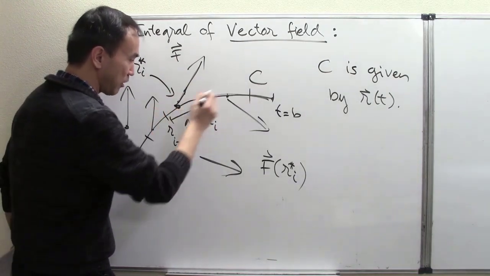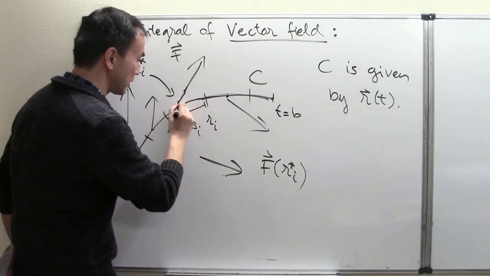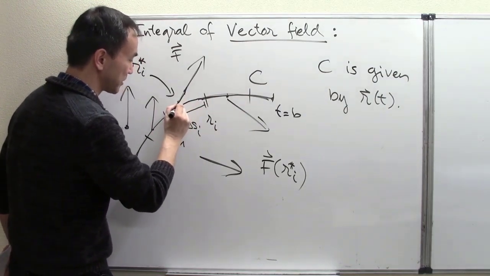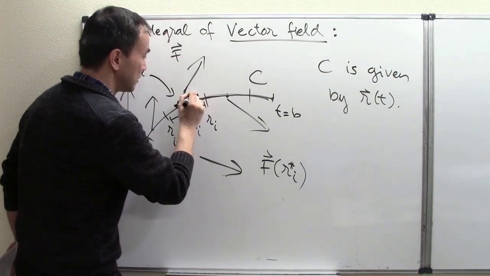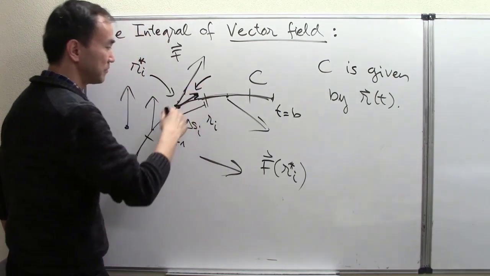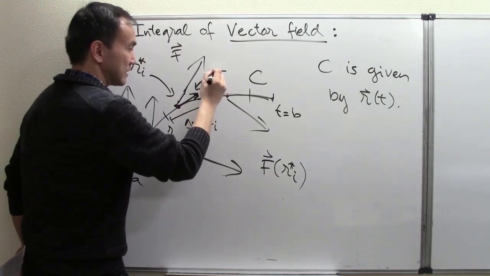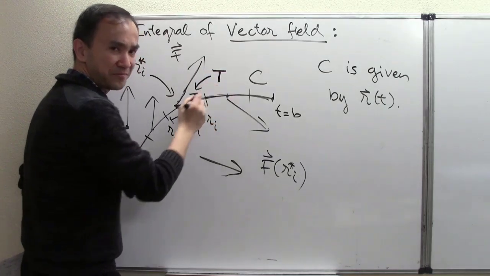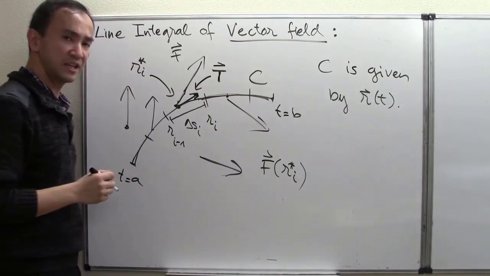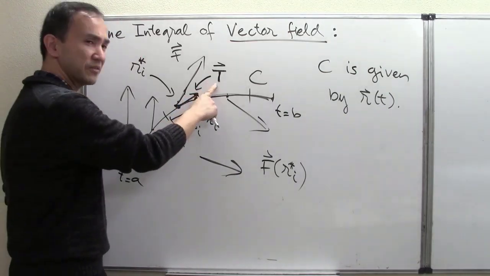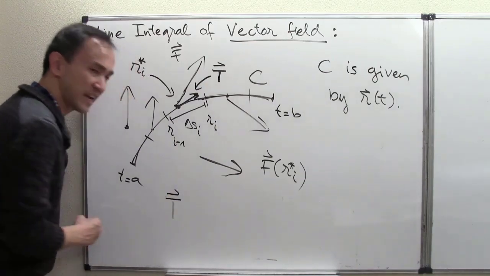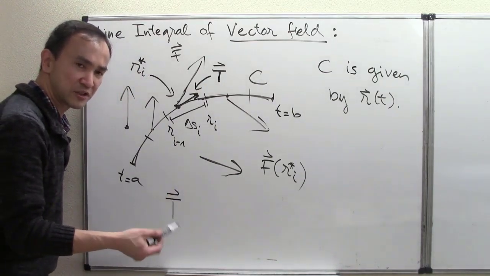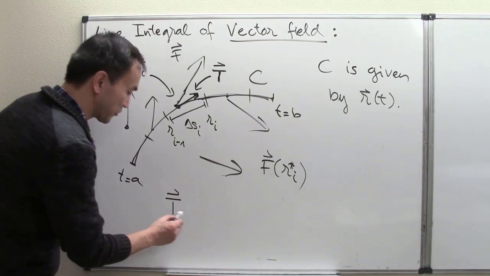But then think about along the line. If you move the particle along that line, we use a tangent vector. I call that the unit tangent vector. So capital T here is your unit tangent vector, and you should have learned about it back in your days learning about vector-valued functions.